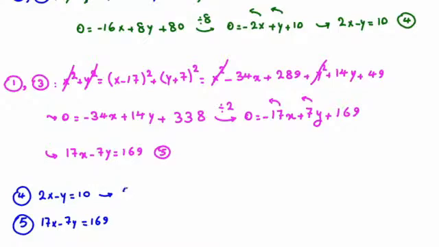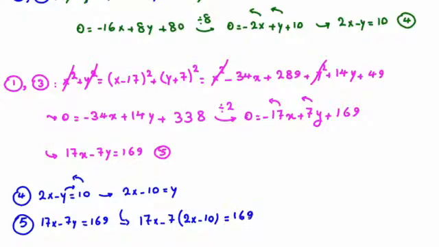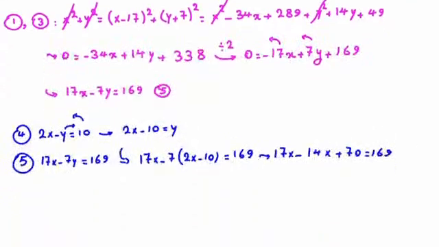Here, if we use replacement, we know that 2x minus 10, if we take 10 to this side, this right side equals y, and if we replace it here, 17x minus 7y, y is 2x minus 10, equals 169. So 17x minus 14x plus 70 equals 169. And then we can say 17x minus 14x, 3x.